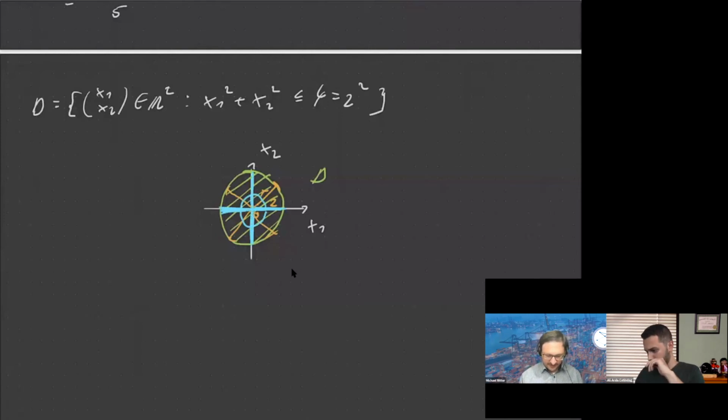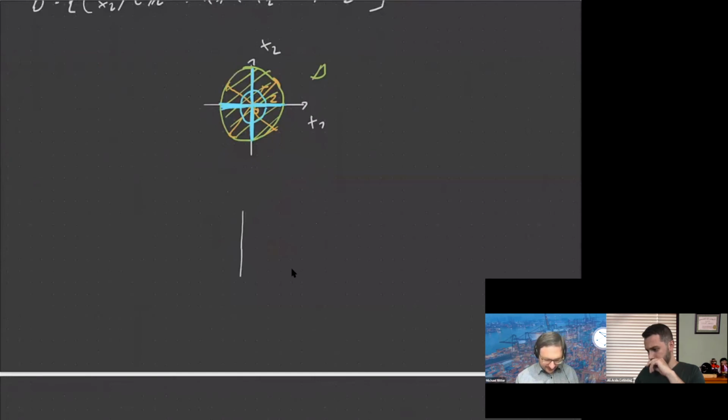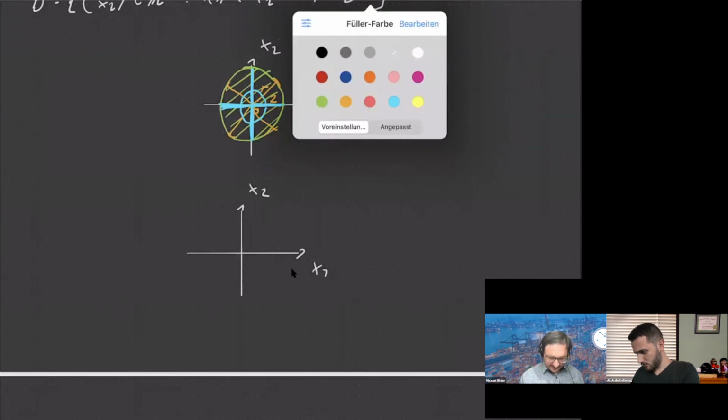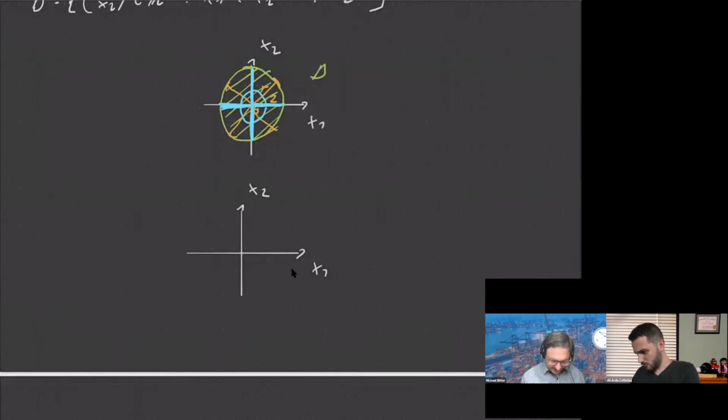Maybe let's do another example where we don't take the whole circle into account. For example, if we had a set like this here, and let's say here's -2, here's 2, and we just want the upper half of that circle, just as an example.